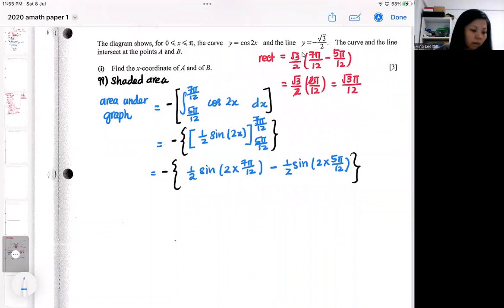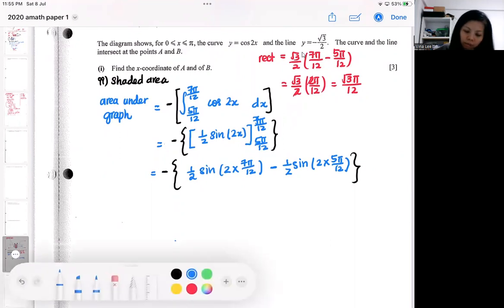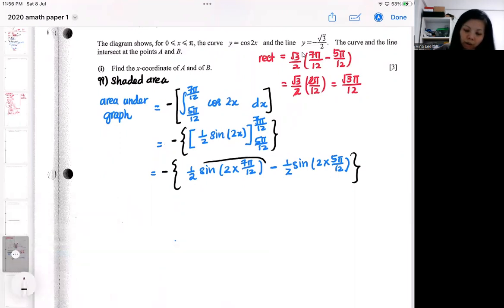And the thing is, don't try to press out everything, in case you need to have it in a nicer format. I usually don't advise you to press out everything. So maybe you try to press out this component first.